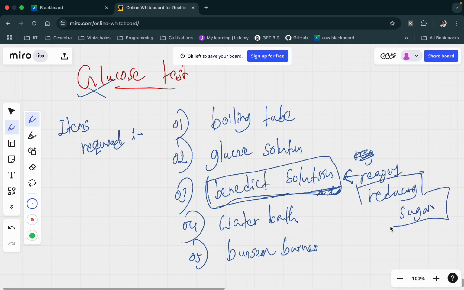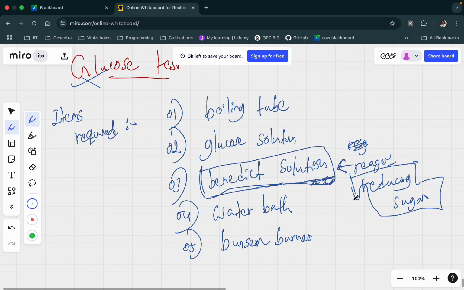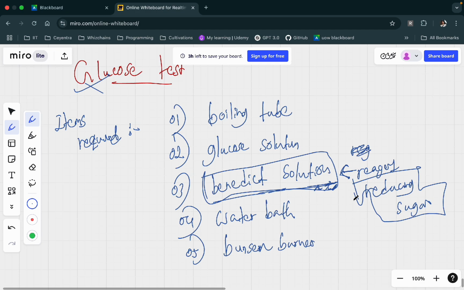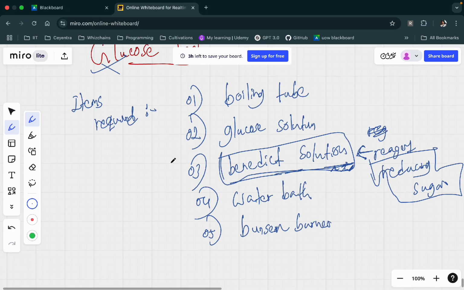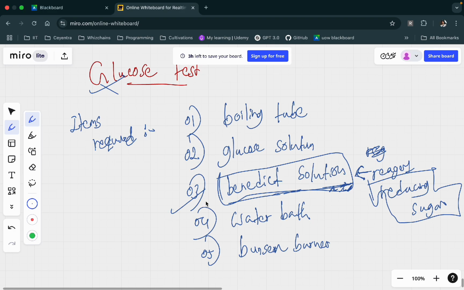You don't need to know about these reducing sugars at your level, in ordinary level, but if you need any extra knowledge, that's why I have mentioned this one. For now, it's enough for you to know only the name of the solution, Benedict solution.